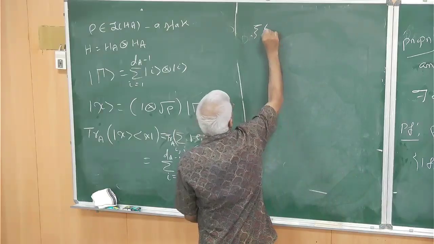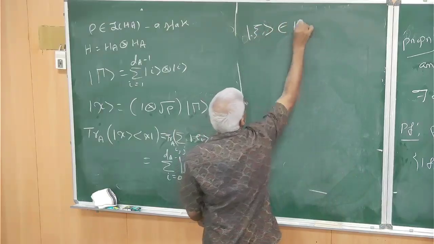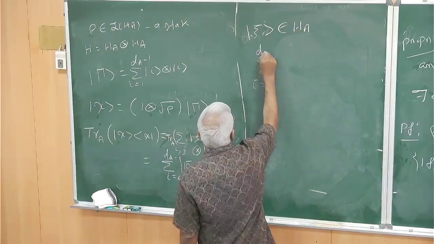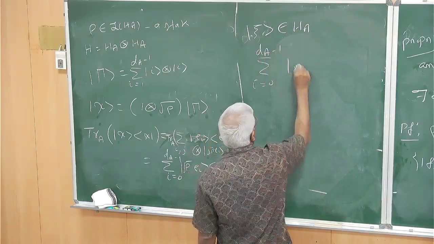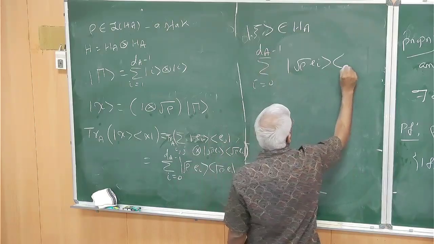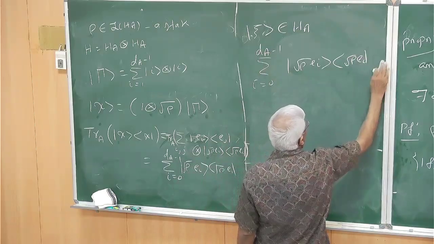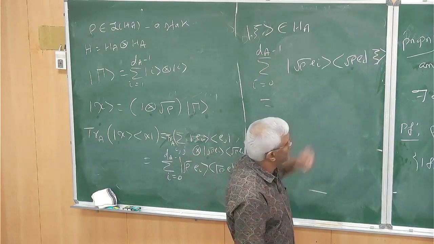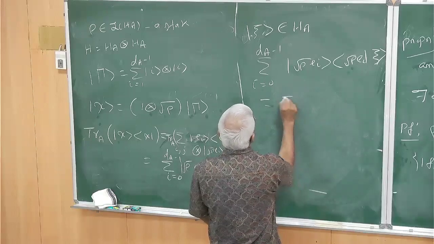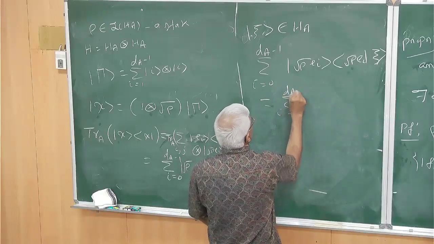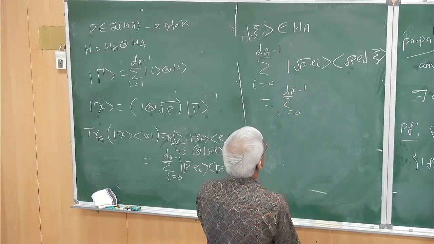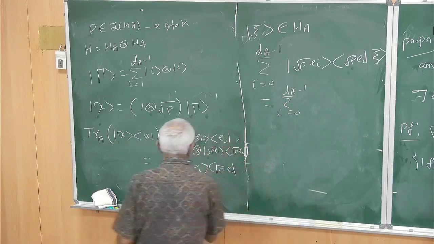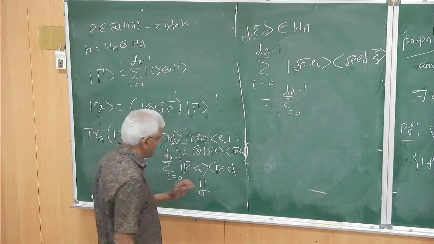So let xi be some vector in H_A. Then the summation i equal to 0 to d_A minus 1 of square root of rho e_i, square root of rho e_i acting on xi, which gives us a vector like that. I call this some sigma.